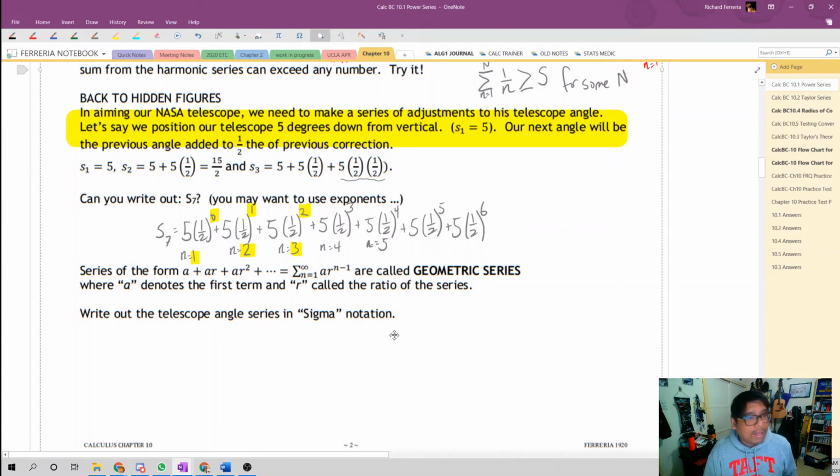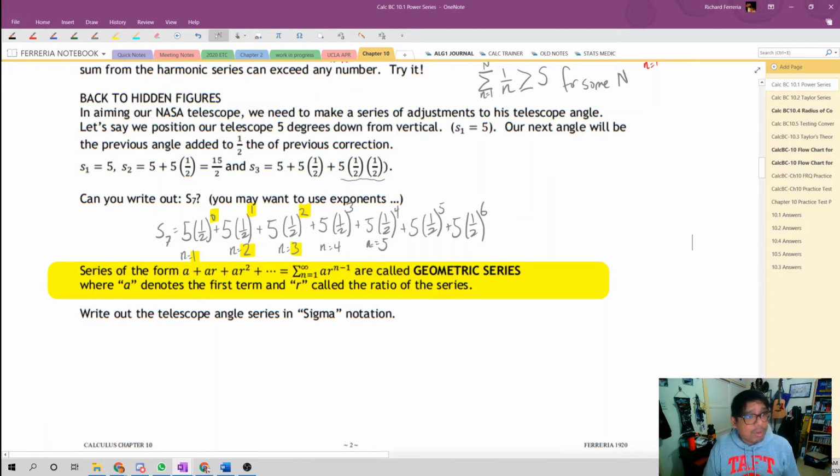Taking a look at this, I'm getting ahead of myself. The series that we just wrote here is a series that's called a geometric series. And in a geometric series, we have a first term multiplied by a common ratio, is what we call it, over and over again.